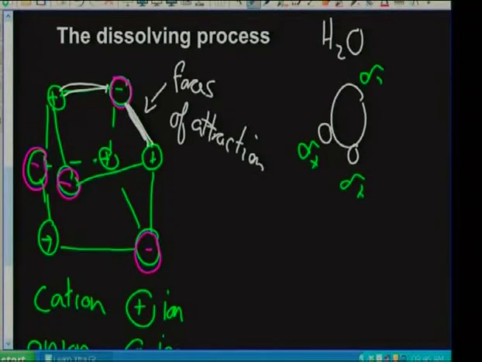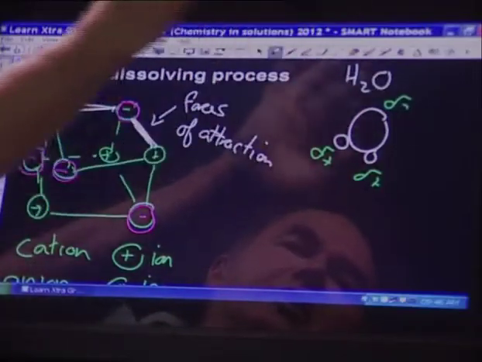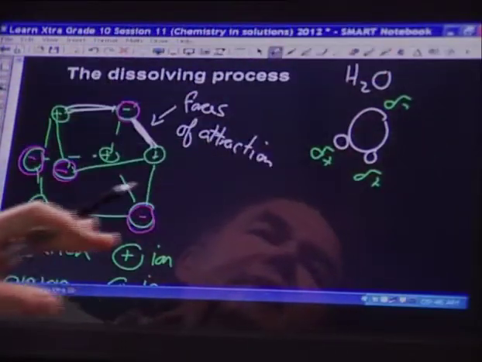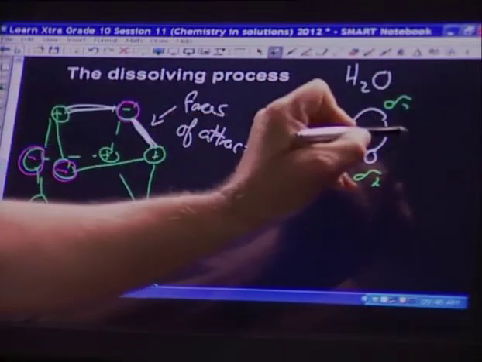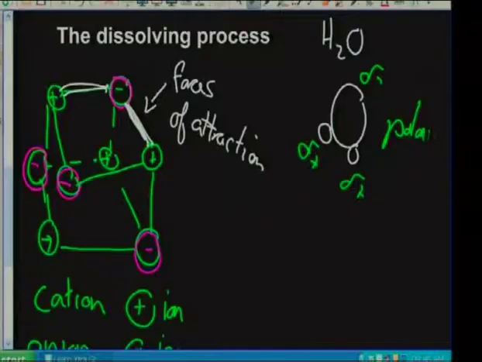And in fact, there are 2 negative charges up here. We're not going into that detail. Suffice it to say that we've got a polar molecule. It's a dipole. Polar covalent bond. It's a polar molecule, because the electrons are not shared equally.